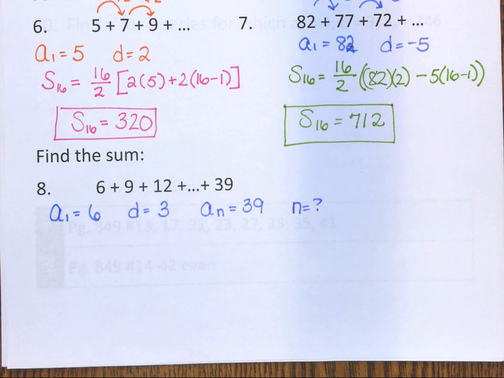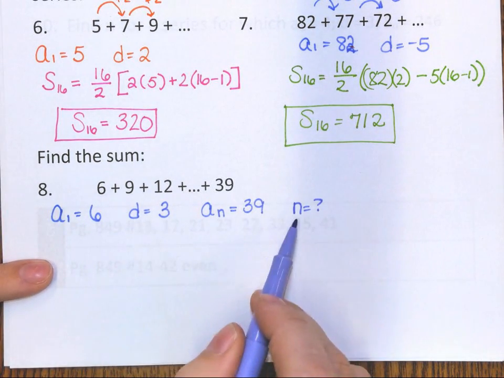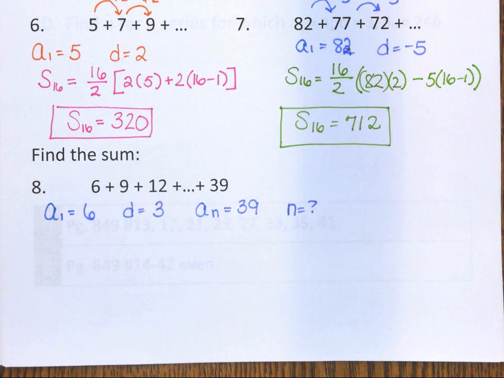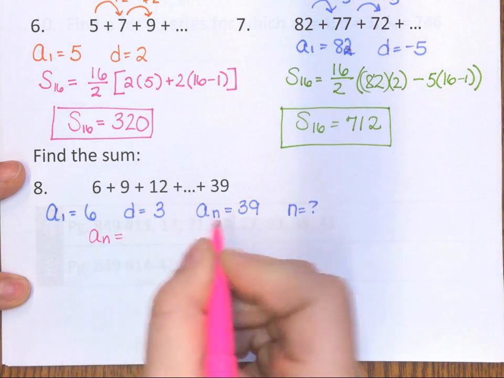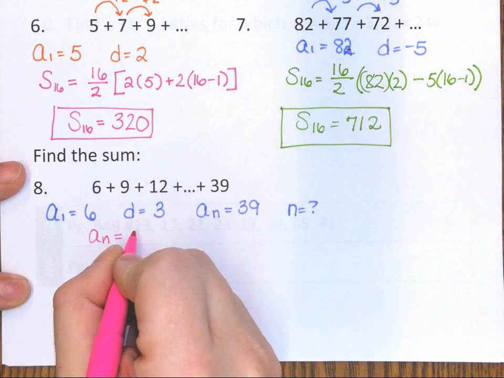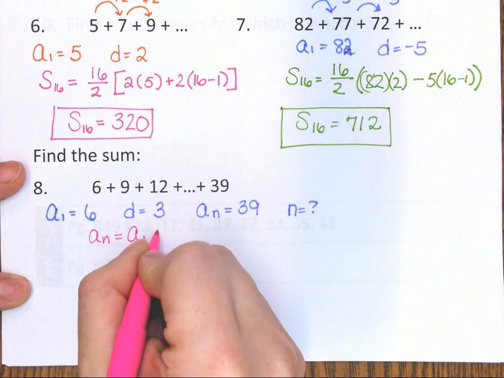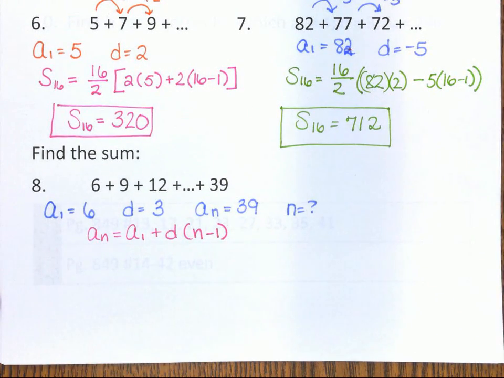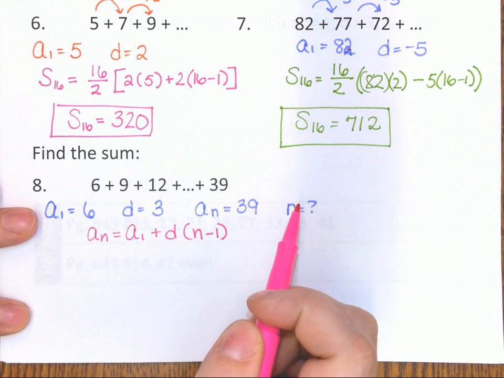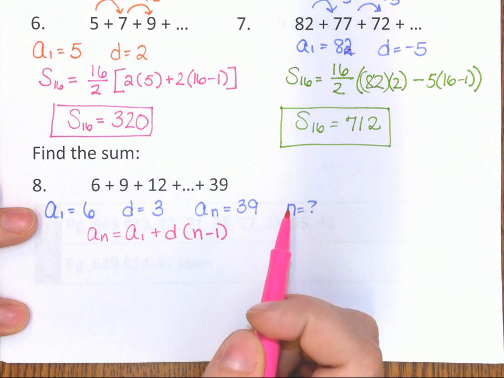We do have a formula that ties all of these things together. Which formula is that? a sub n equals a1 ... So we start with a formula that has all of those pieces in it, with only one guy missing.